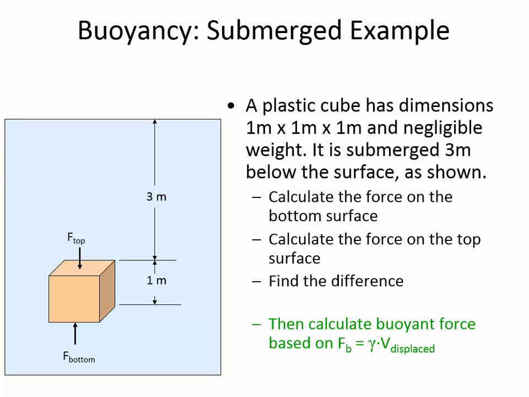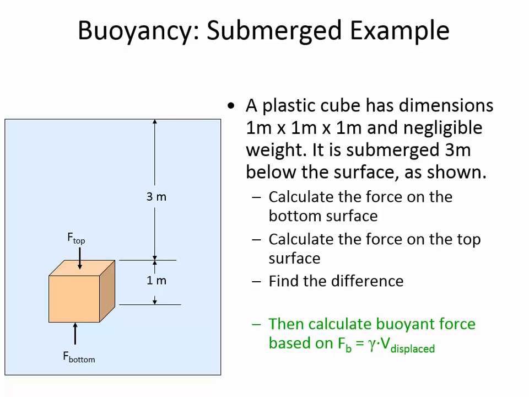That gives us a force of 29,430 newtons. So we've got a cube, and the equivalent hydrostatic force acting downward is 29,430 newtons.